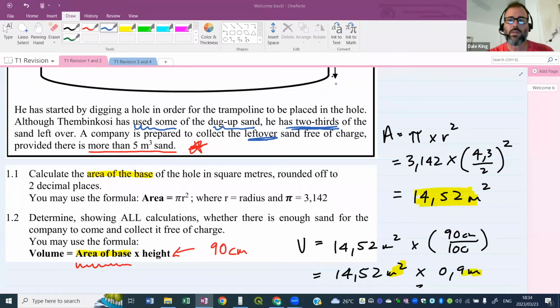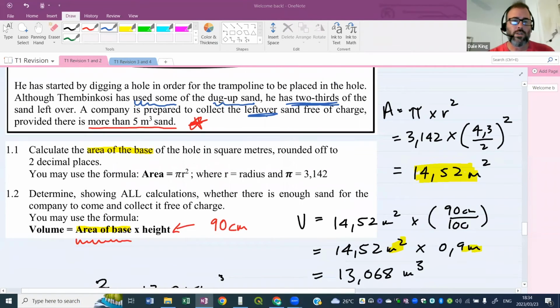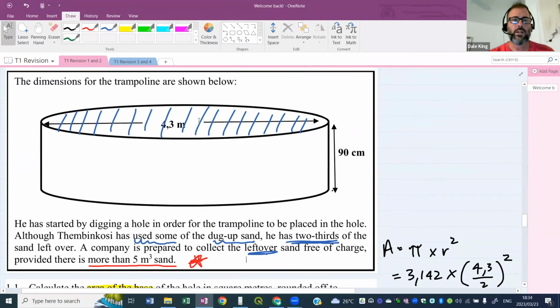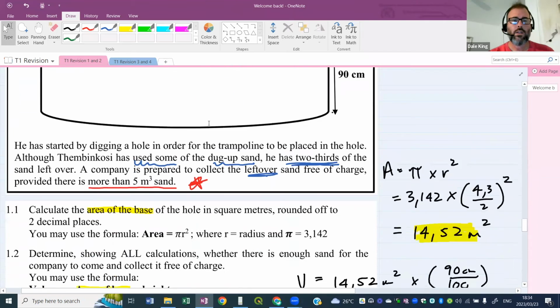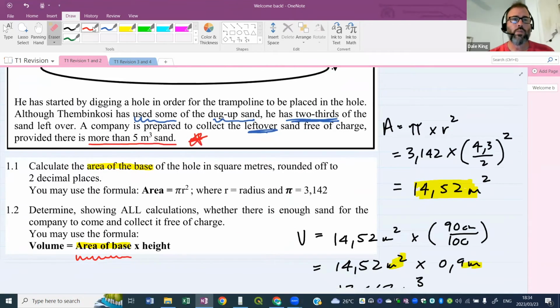The 0,9. Good, Janu. All right. So the 0,9 that we used, the formula said, if we look at the formula over here, okay, the volume equals area of base times height. The area of the base is the circle that we calculated at the top there. We calculated that in question 1.2. So if we look at question 1.2, area of base, we worked it out as 14,52. They just want to know what you got to multiply that by, the height.